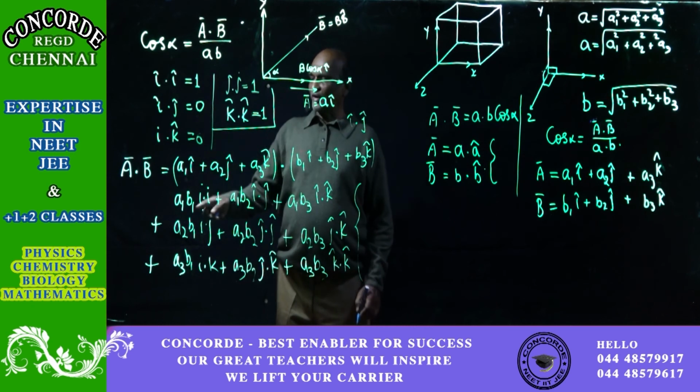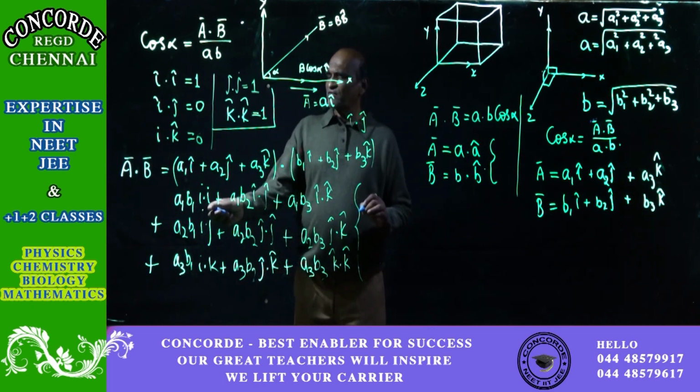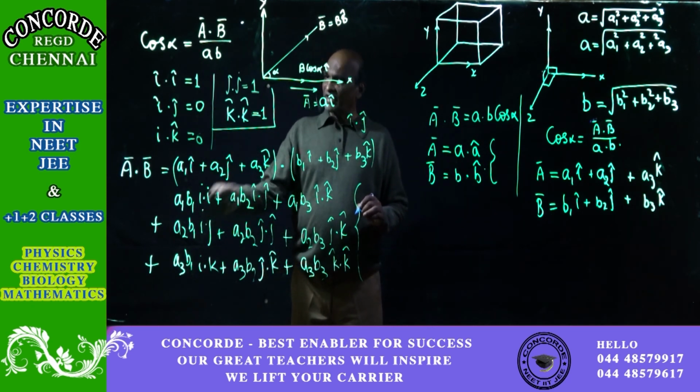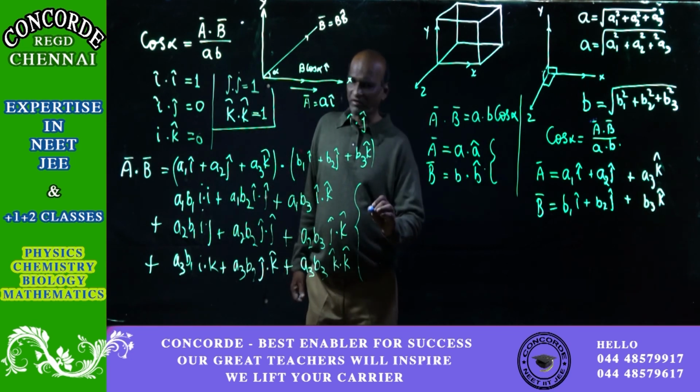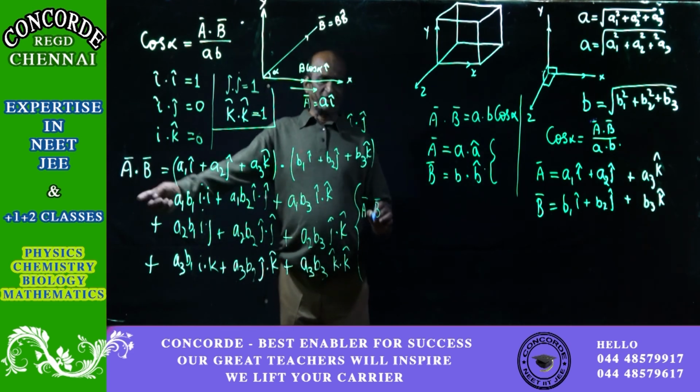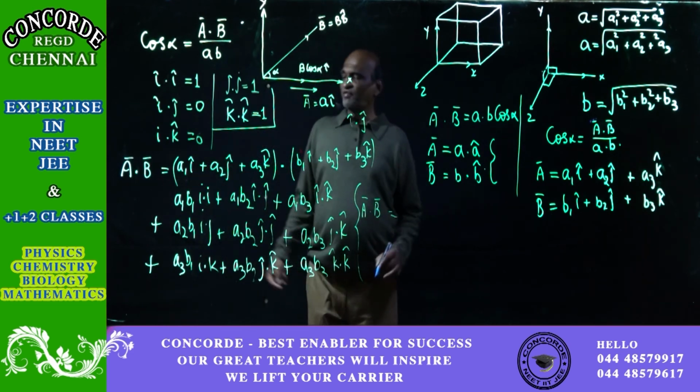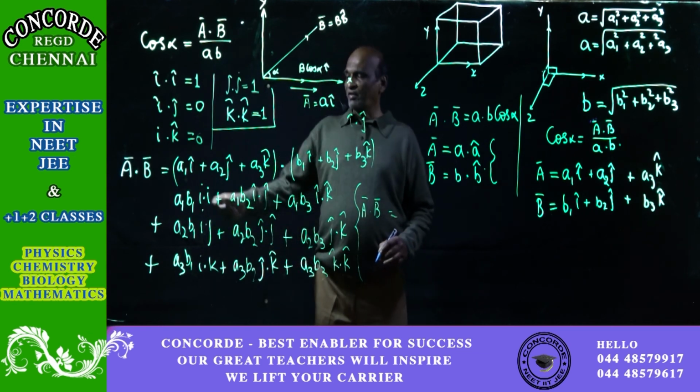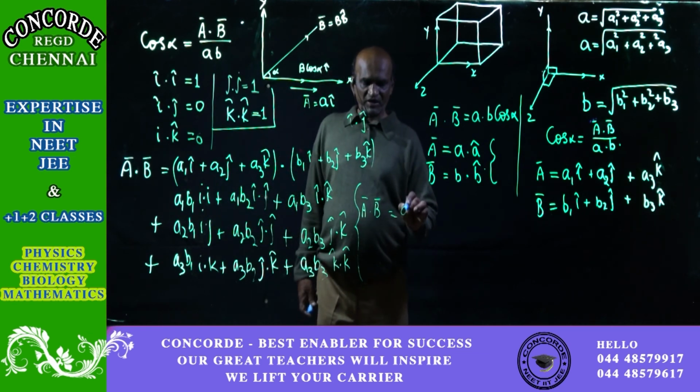So now let us see what is this result. I dot I is 1, that is just a numerical here. Therefore A bar dot B bar is equal to the first term A1 B1. This is 1, leave it. So it is just A1 B1.